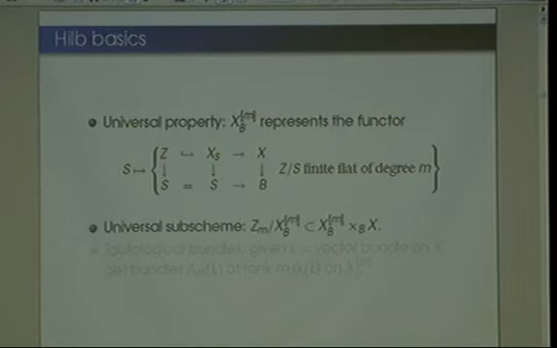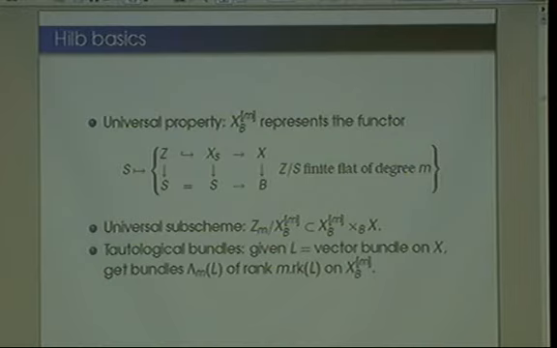And there, again, another standard thing that comes with having the Hilbert scheme is that there is a universal subscheme, which is a subscheme of the product of the Hilbert scheme with the given family. And also there are these tautological bundles that we can construct.